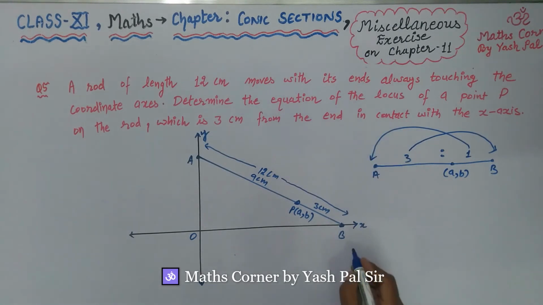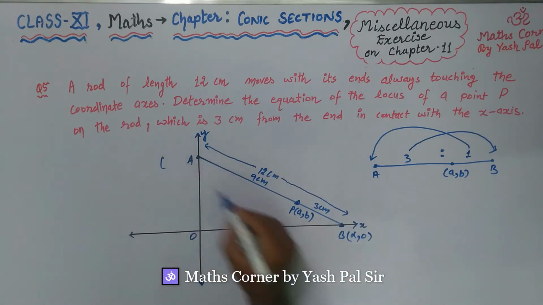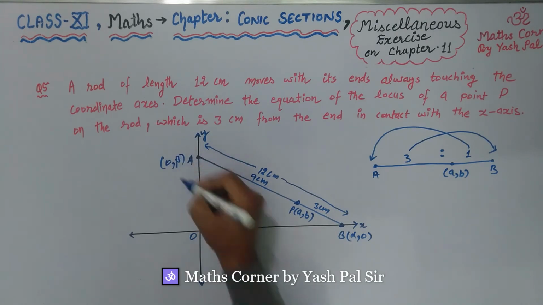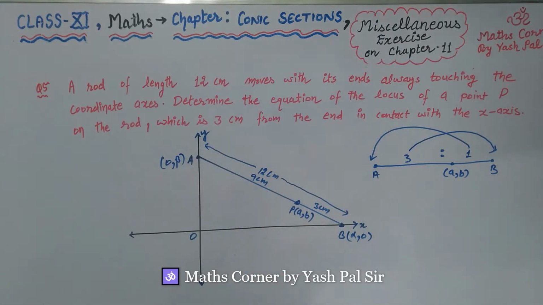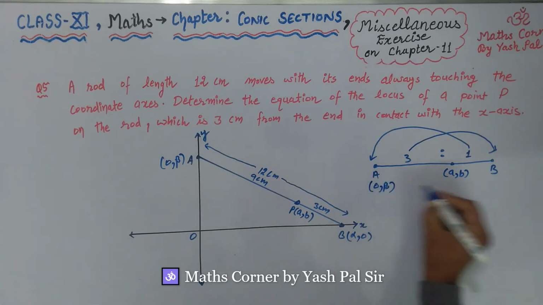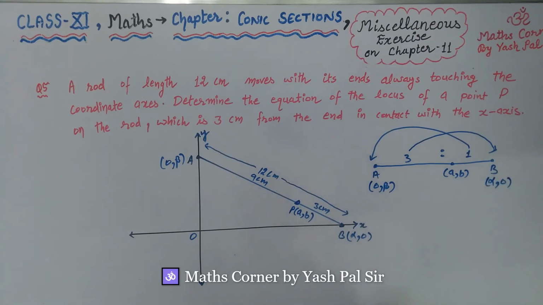Now what are the coordinates here? Suppose we have the coordinate alpha comma 0 and this A point is 0 comma beta, right? So how to find? A is 0 comma beta and B is alpha comma 0, right?